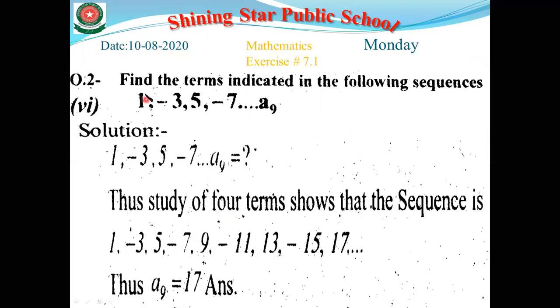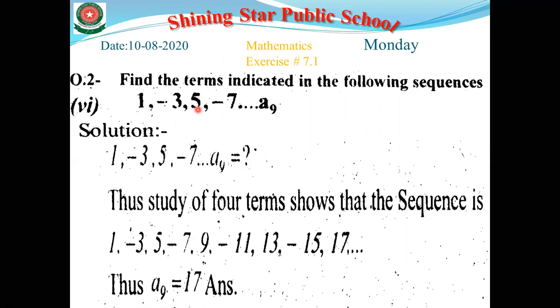Part number 6. 1, minus 3, 5, minus 7. We have to find A9 again. Here 1 minus 4 is minus 3, and minus 3 plus 8 is 5.